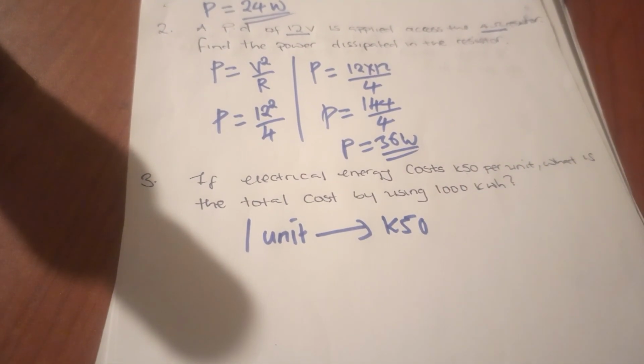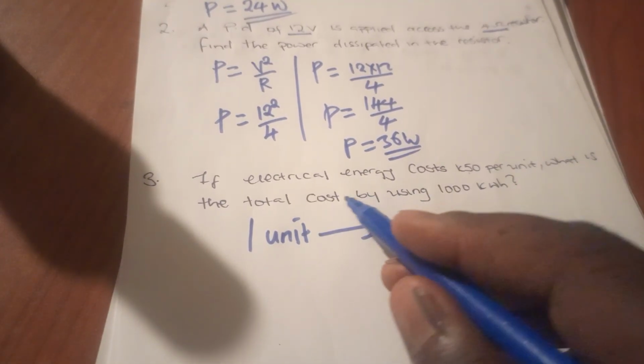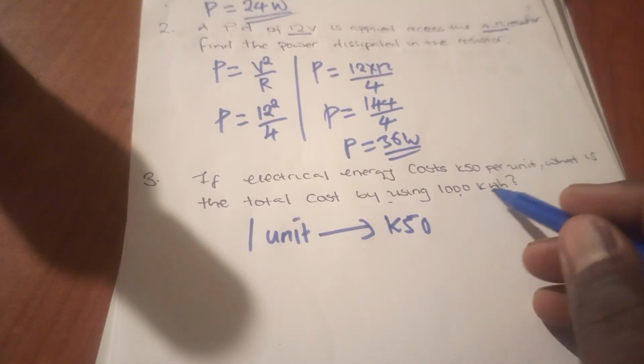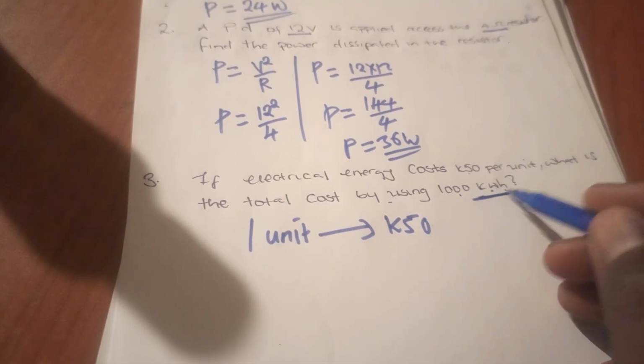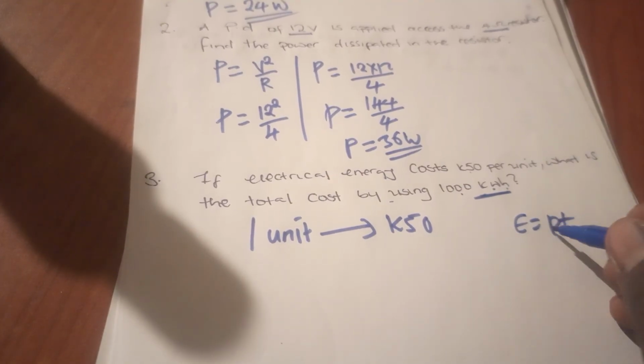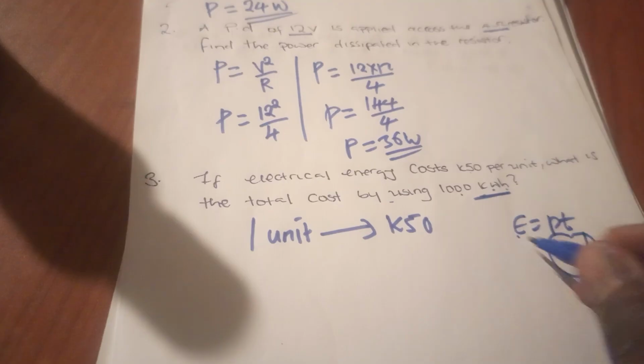Then what is the total cost of using 100 kilowatts? This 100 kilowatt is energy, because energy is equal to power times time. Then the power must be in kilowatts, and time needs to be in hours. So this will have kilowatt hour, which is energy.